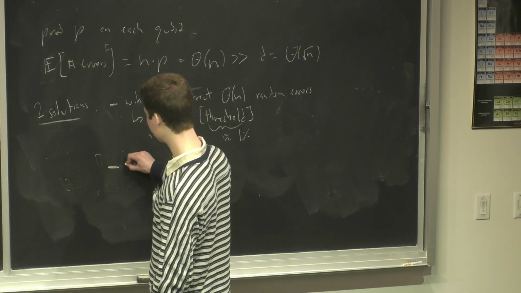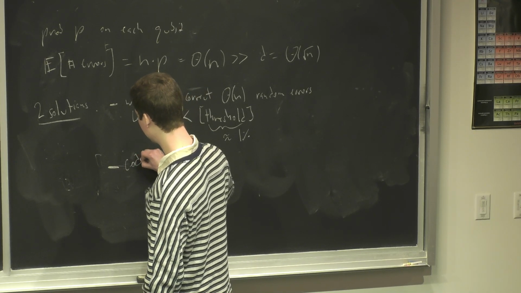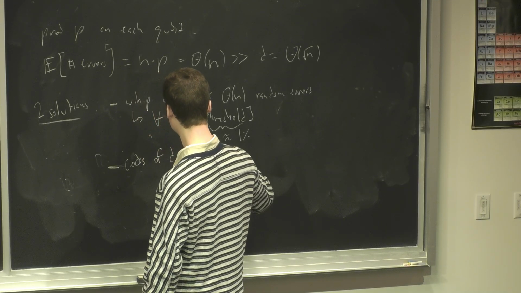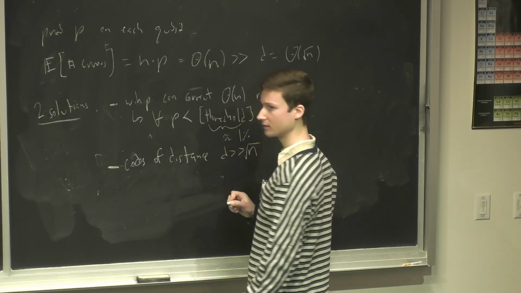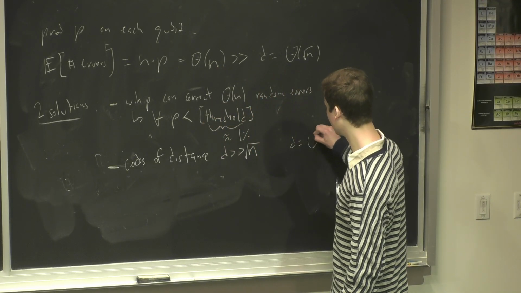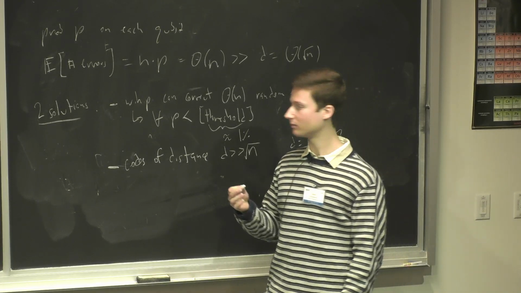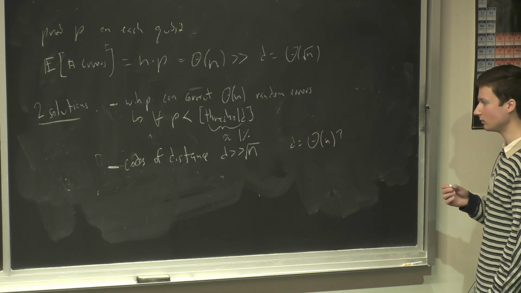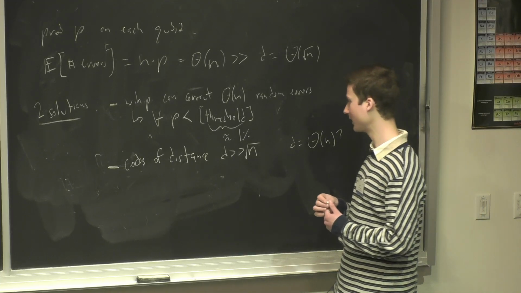And in this case, we would really want codes of distance much greater than root n. We could even hope to have distance growing linearly in n. And when you hear about good quantum LDPC codes, this is an area that's been very active in recent years.